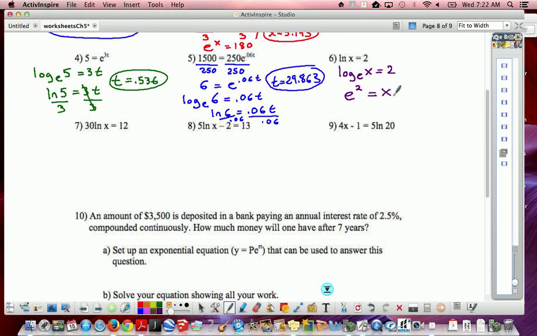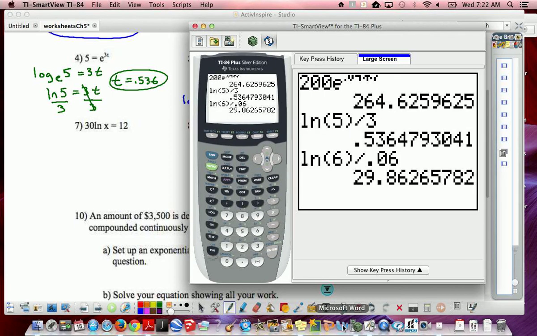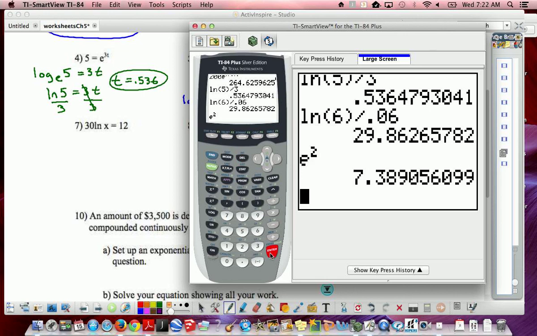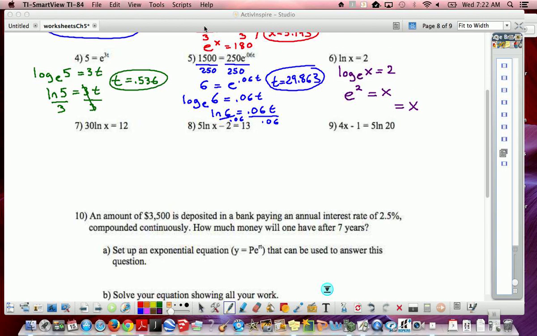So now x is by itself, we just have to take e to the second power. So on my calculator, second natural log raised to the second. I apologize that I keep on putting that parentheses. I'm used to the older calculator. So 7.389.